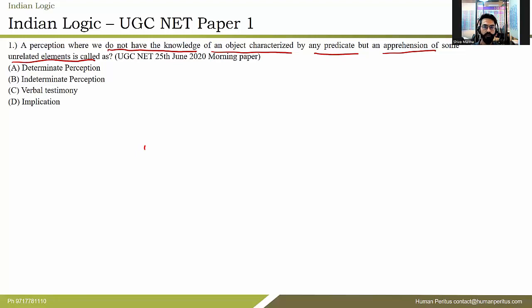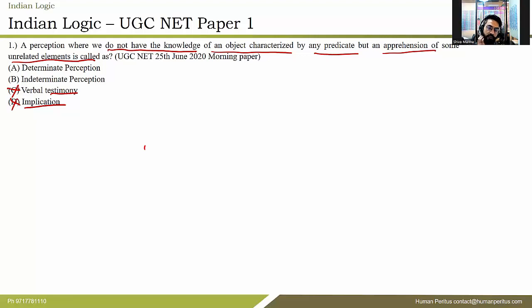You can actually remove two options right there. First one is implication. Implication is when you imply something based on what knowledge you already have. And verbal testimony is when a person who is knowledgeable in a particular context is talking to you about it. So somebody is giving you a verbal testimony. All right. So these two options can't be the answer.